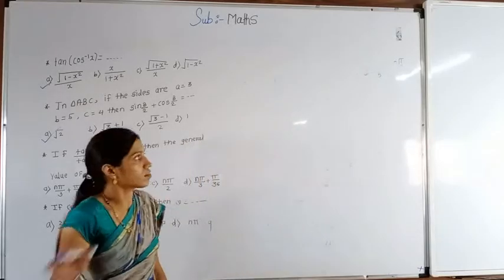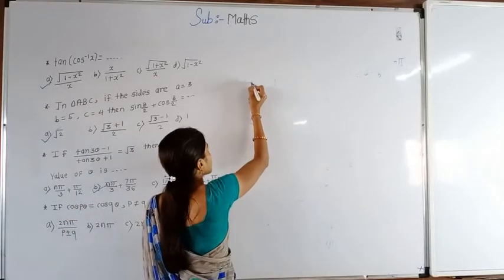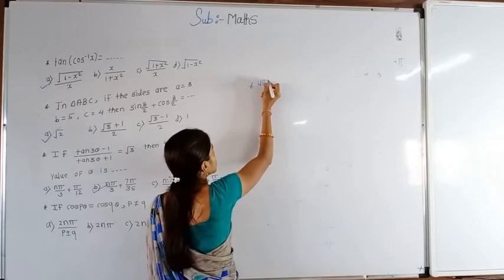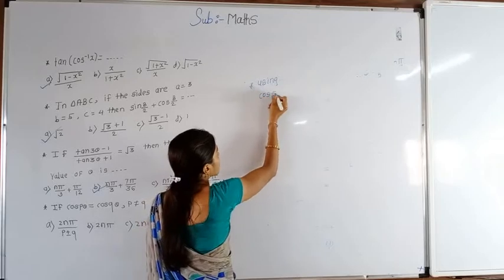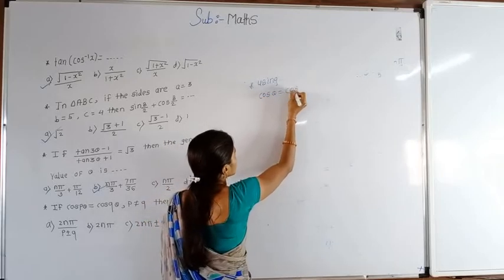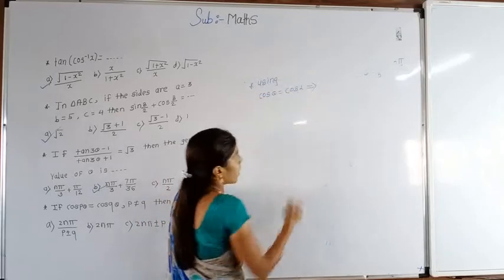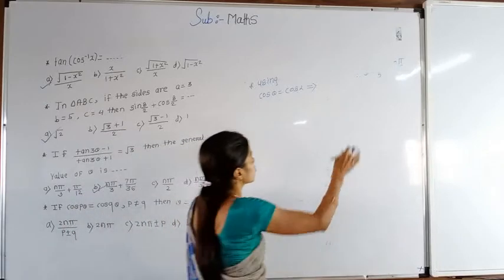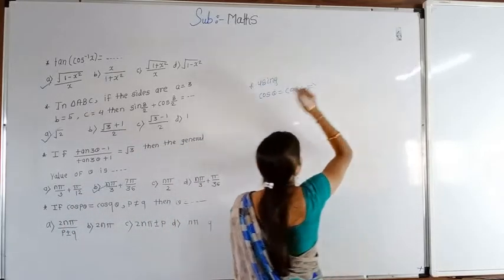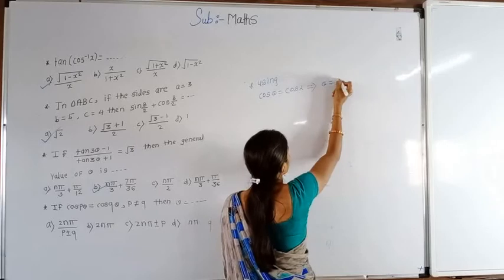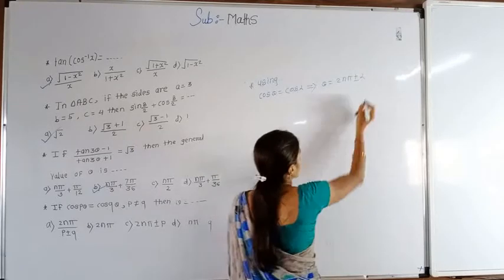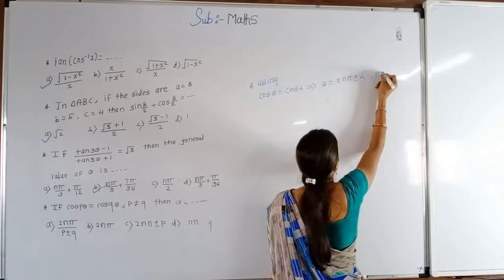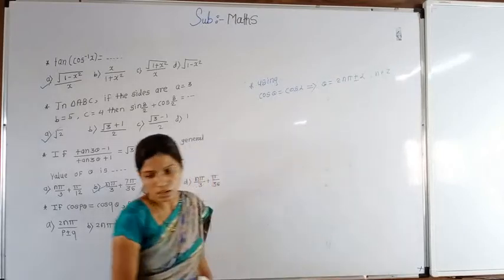So use the result for solving the next MCQ. Using the result of cos theta is equal to cos alpha, we know that the solution of this equation is theta is equal to 2n pi plus minus alpha, and in that case n belongs to the integer number set.